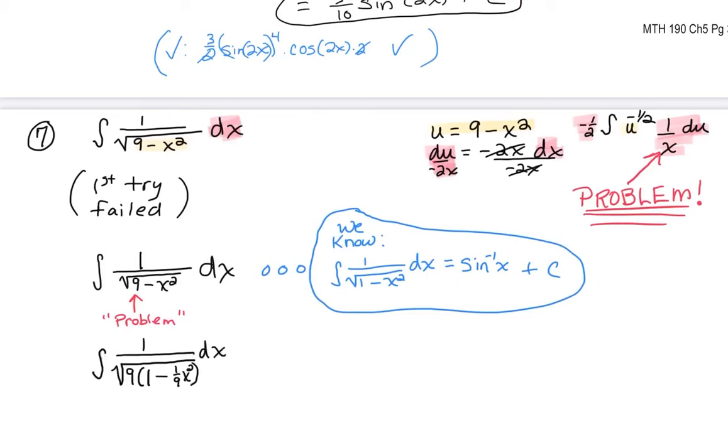So if I now distribute, let's just check, 9, yep, minus x squared. So those two are equivalent. The nice thing here is that with multiplication and square roots, you can split the radical. The square root of a product is the product of the square roots, to say it a little bit more formally. But you can split a radical if you have multiplication or division, not with adding or subtracting, by the way.